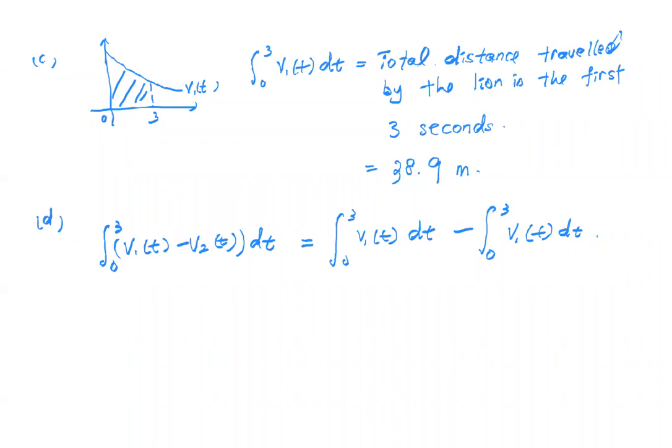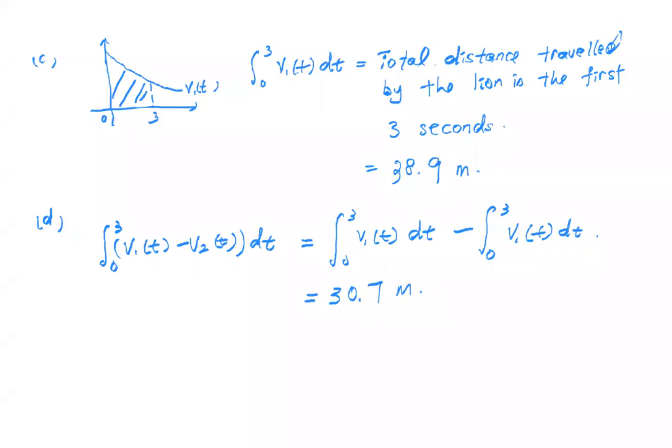So if you see there is a minus, what is the answer that you get? 30.7 meters. Okay, so now how do I interpret?